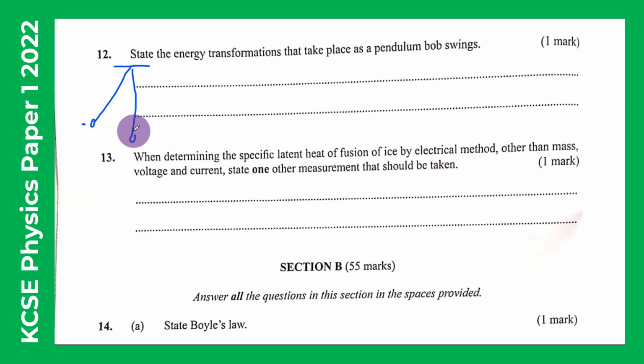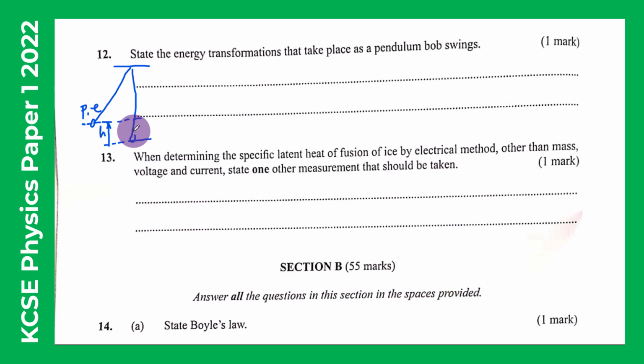When it is raised to some height like that, what it has is gravitational potential energy. And remember to mention the word gravitational potential energy, because there are two types of potential energies. There is gravitational potential energy and there is elastic potential energy. So gravitational potential energy is due to position, while elastic potential energy is due to the state of the body.